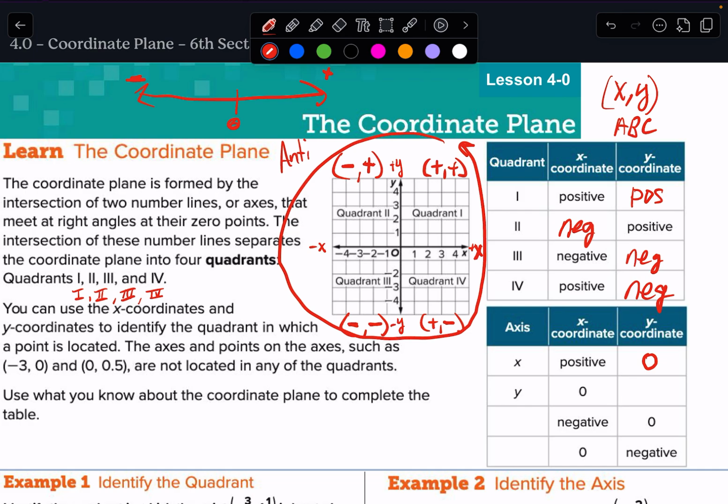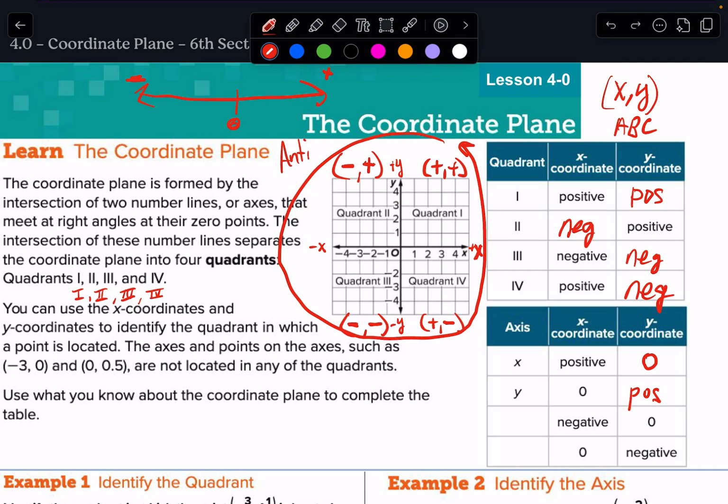Now, if you're on the y-axis, your x-coordinate is 0, and then your y-coordinate could be positive. Okay, those are your options. So that would be an up here situation.